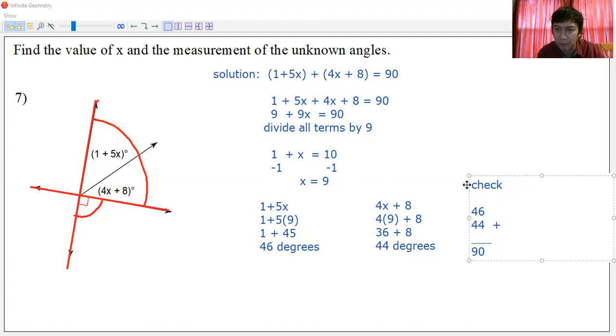So that means our 46 degrees and 44 degrees are the right values of the angles. So 46 is over here and the 44 is over here. All right, that's it. This will be for number 7, and let's continue with number 8.